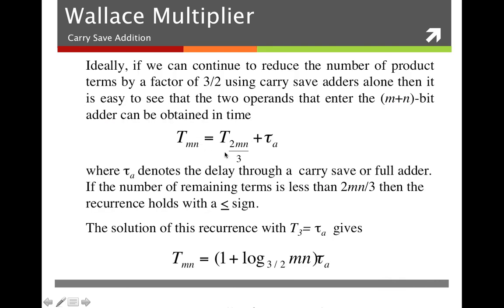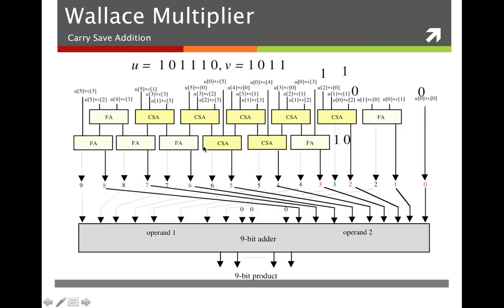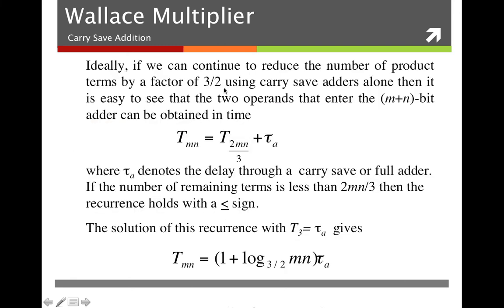So this formula basically just articulates that this is the kind of time of taking m times n objects. These are the bits in our product, the bitwise operand multiple products, the AND gate outputs, if you like, which I did not show here, but these product operations are just like AND gates.